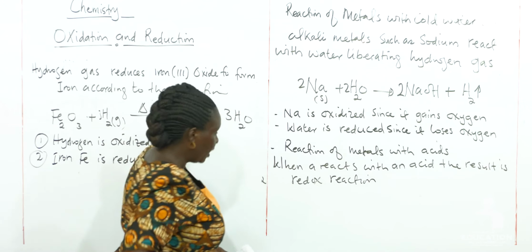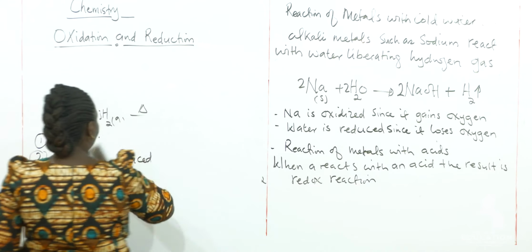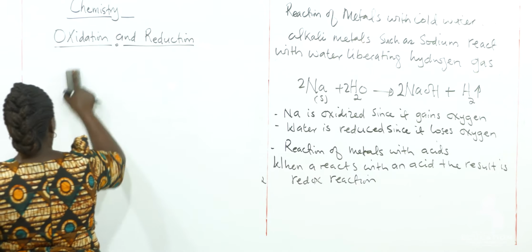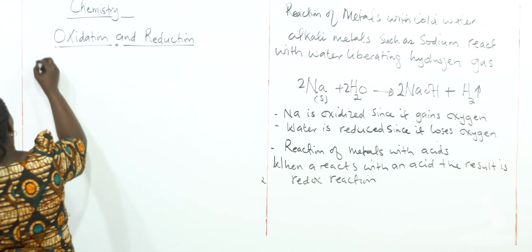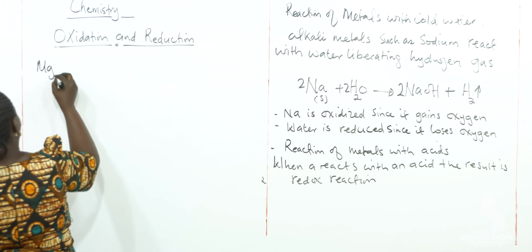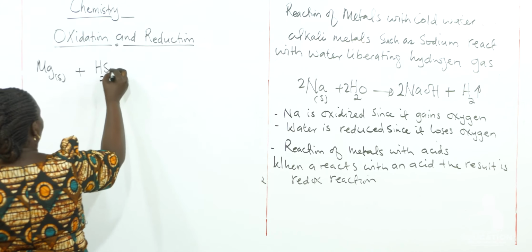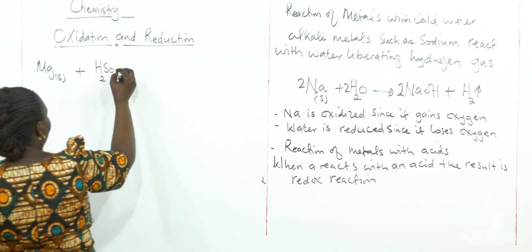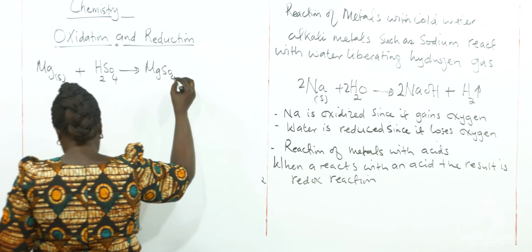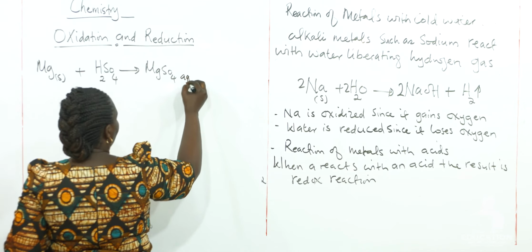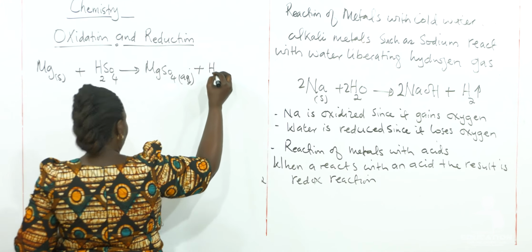Let us look at an example of a reaction of a metal with an acid. We have magnesium plus sulfuric acid, giving us magnesium sulfate, that is in aqueous form, plus hydrogen gas.